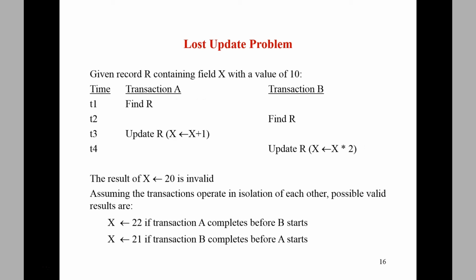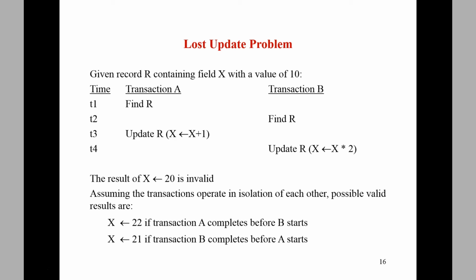So without concurrency control, transaction A's update is lost as it is overwritten by the update made by transaction B. So we wish to avoid this kind of a problem. To avoid it, a concurrency control mechanism could, at time t2, prevent transaction B from finding and reading that record because someone else is already using it. At time t3, we could prevent transaction A's update because two different transactions have both read the record.